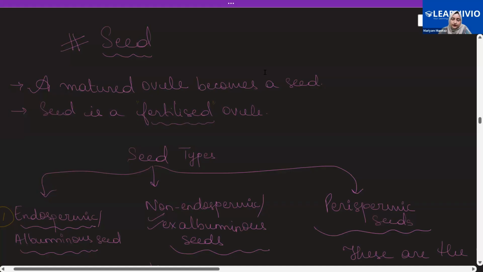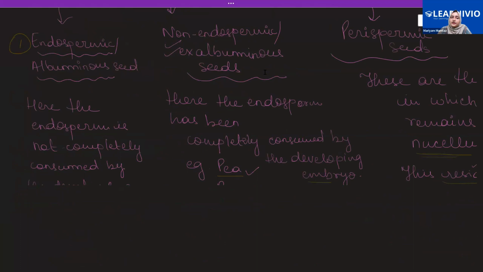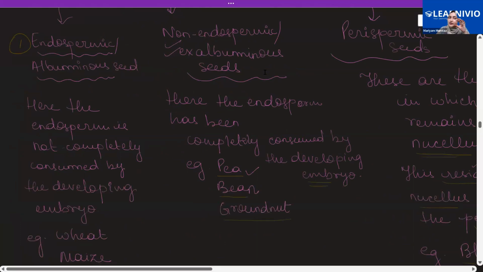Once the ovule matures, it becomes a seed. And you can also call the seed the fertilized ovule. Depending upon whether the endosperm is persistent or not, the seeds are of three types: endospermic, non-endospermic, and perispermic. When we talk about endospermic seeds, the endosperm is persistent. It's not consumed by the developing embryo.